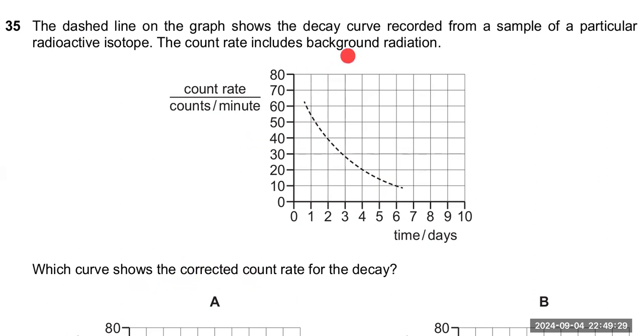So when you subtract the background radiation, then the curve will go down from this value, just like that. So we have to look at the options. I will give you a little bit of a hint.